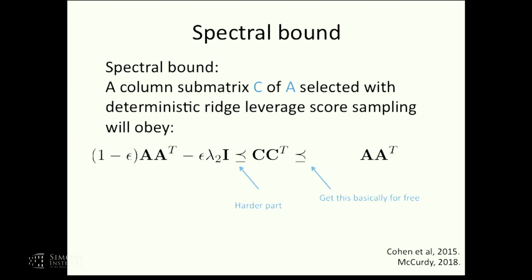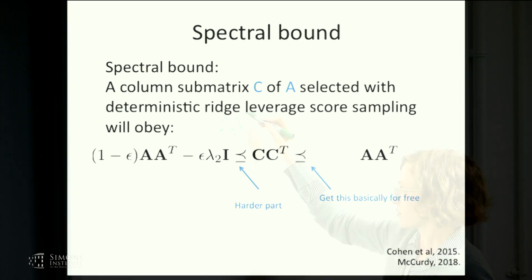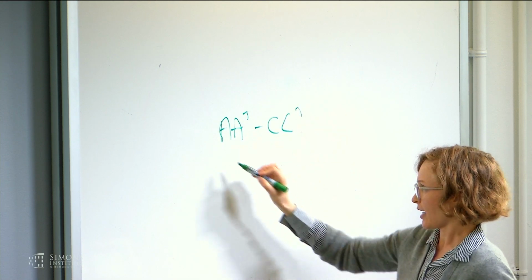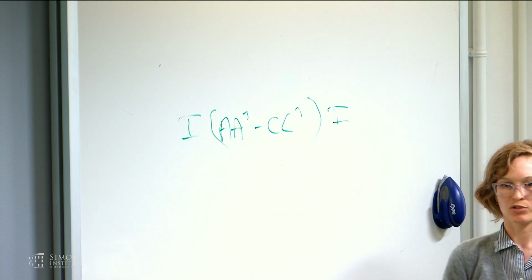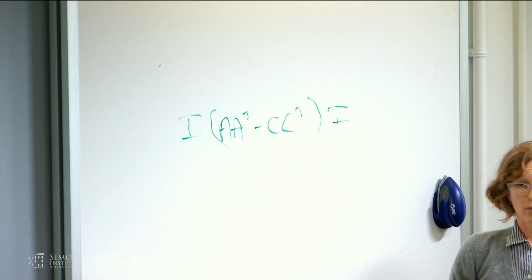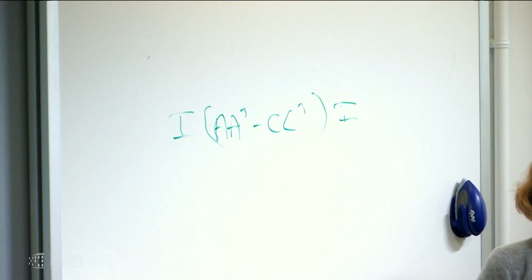So just to give you some intuition, the top part you basically get for free from your selection matrix, so I won't talk about that. The bottom part is a little bit harder to get, but not very hard. Basically what you do is you look at the difference between AA transpose, and you decide that I'm going to multiply on both sides by the identity matrix, but I'm going to write the identity matrix in a special way.